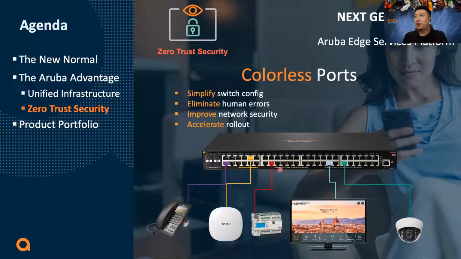I can just plug this device into a different port, and those configurations will follow automatically. This helps eliminate human errors. You don't have to call IT to please help configure the port anymore. Your network becomes much more secure, and it helps you automate rollout.